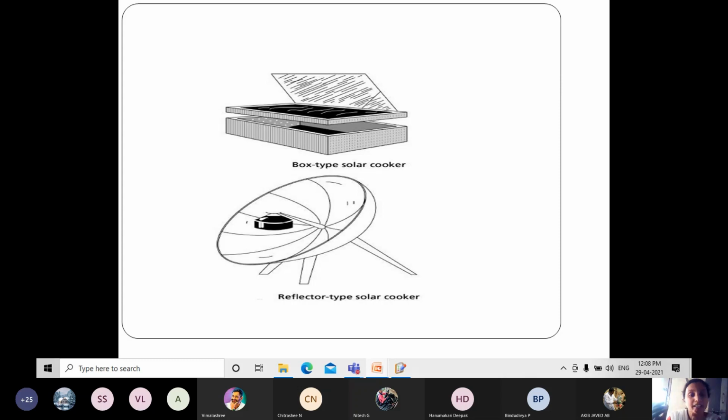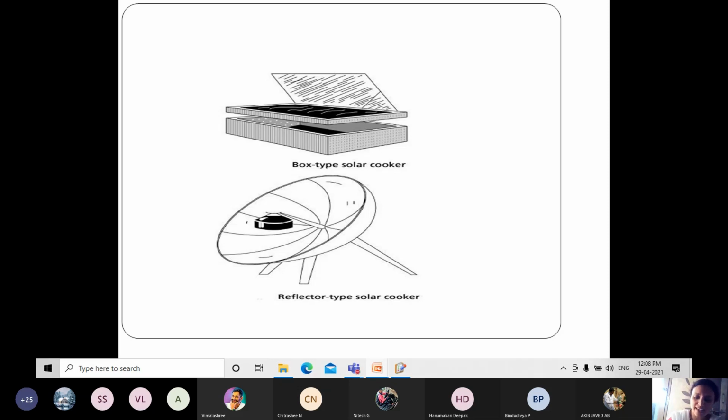So it is more powerful, resulting in the fastest cooking times of all cooking designs. When you compare with the other designs, it will absorb the sunlight as soon as possible, so they say it is the fastest cooking design.